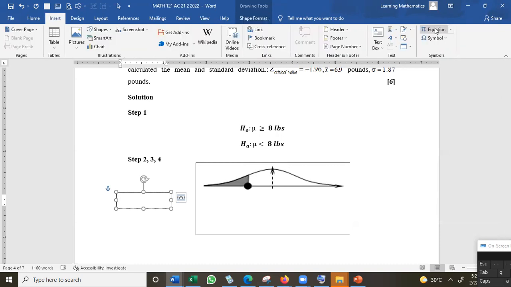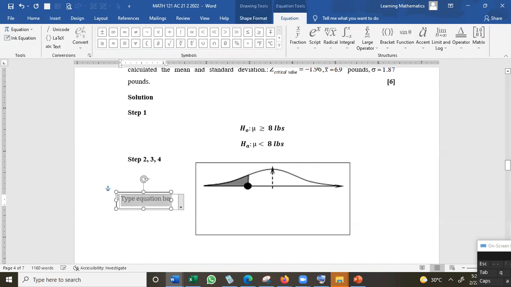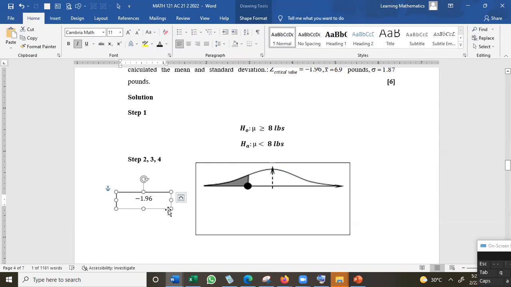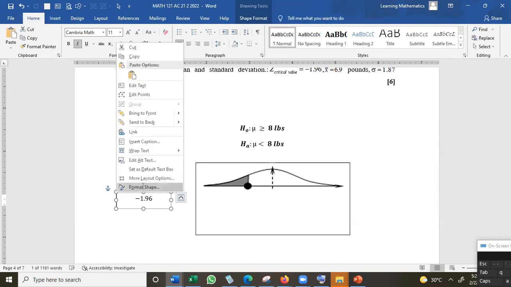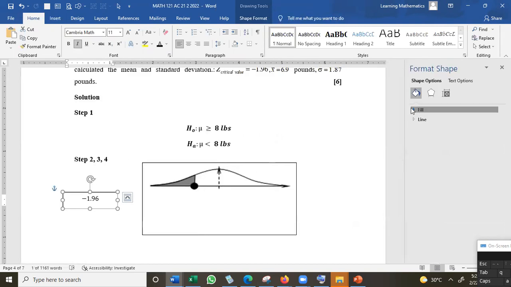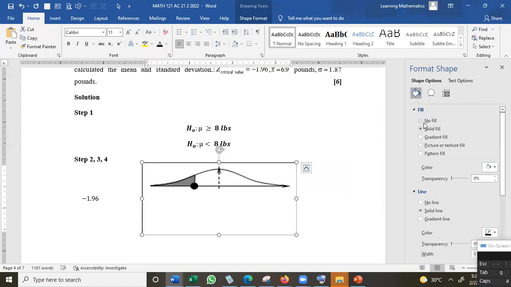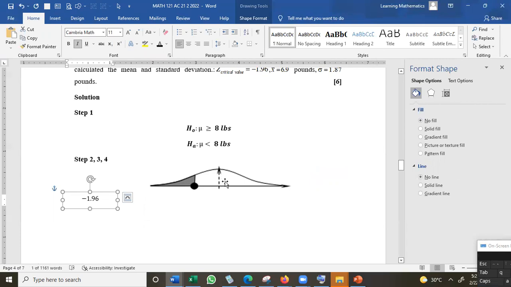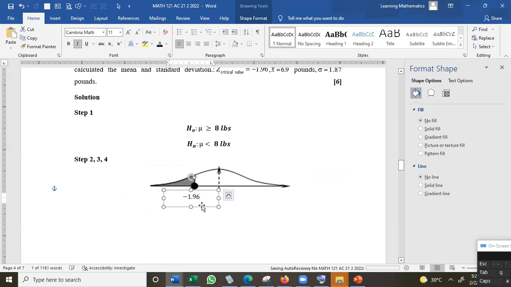That will be provided. Shift F10, right click, format shape, no fill, no line. And this critical value will come on the critical point, right there.